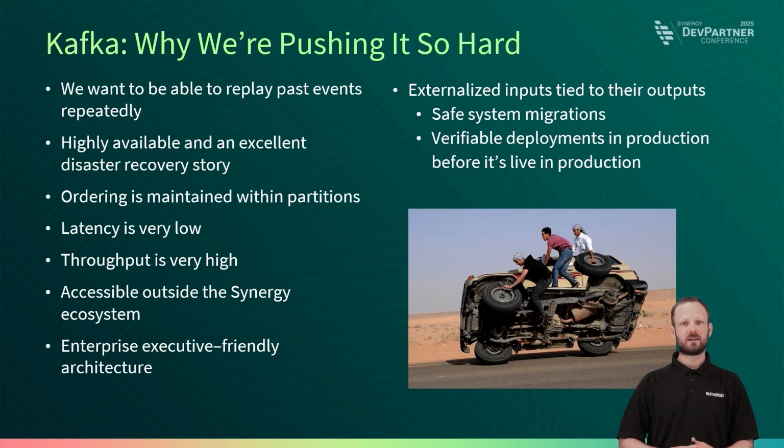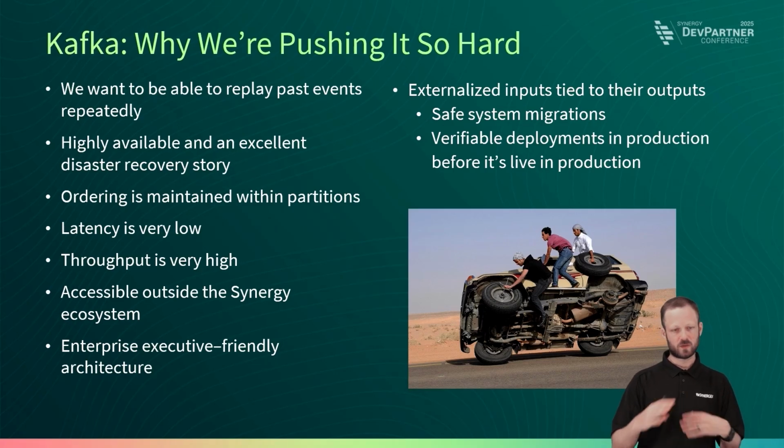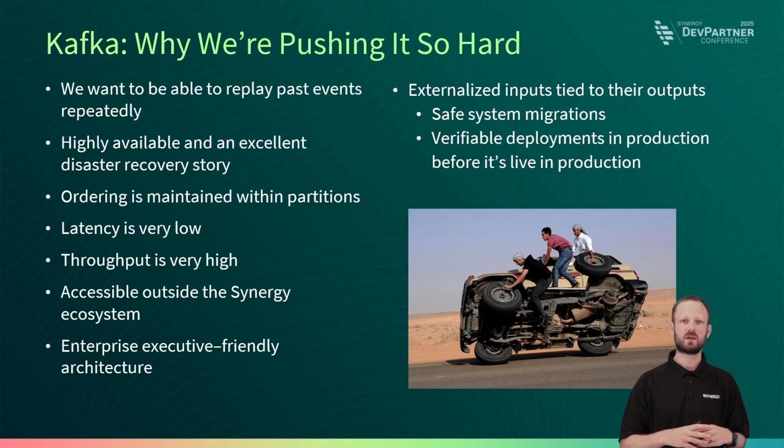And externalized inputs can be tied to their outputs. So if you take this to its logical conclusion, events roll into your system, complex business logic happens, and the results pop back out to the outside world.